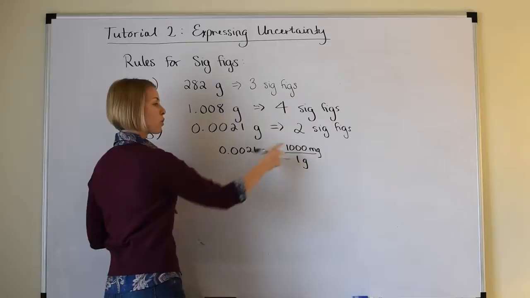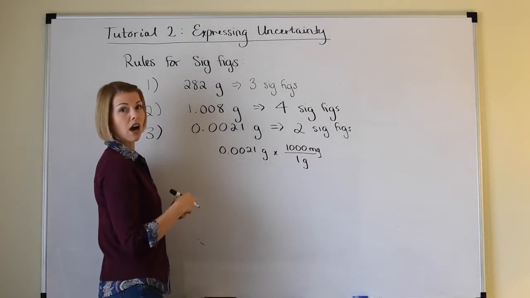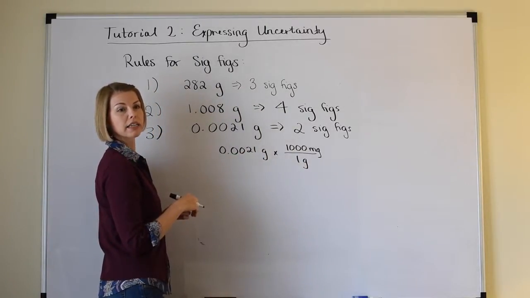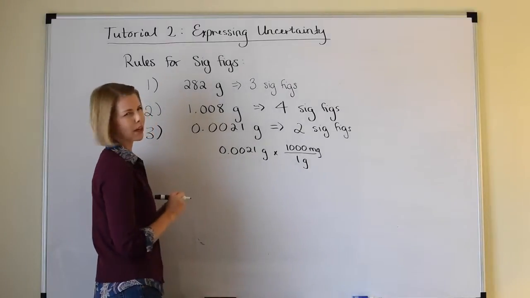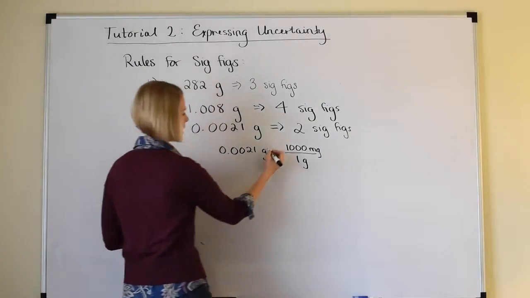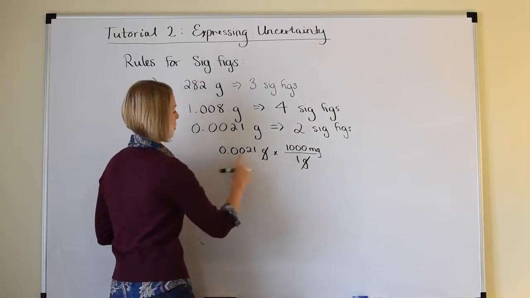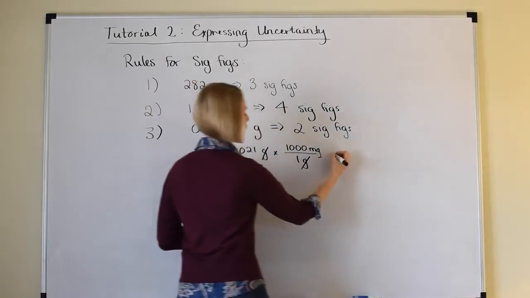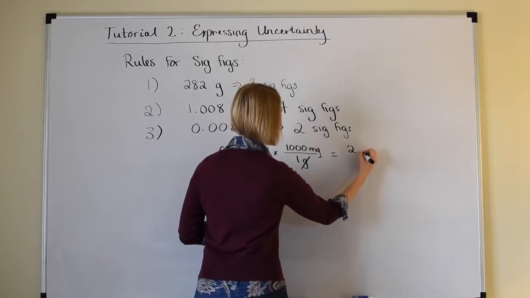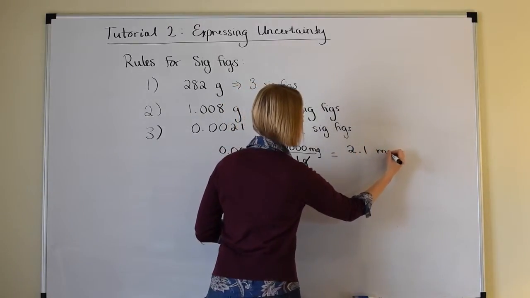And if you're not really sure about this setup here, we're going to cover dimensional analysis in just a moment. So don't worry too much about this problem that I'm throwing in here right now. I'm worried more about the sig figs, which is the point right now. So I'm going to multiply by 1,000. So this number is going to be 2.1 milligrams.